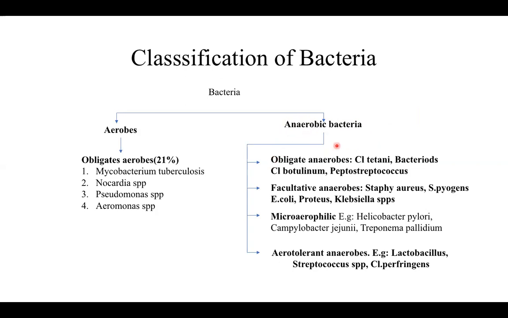The anaerobic bacteria are further classified into obligate anaerobes. These are the anaerobic bacteria which cannot tolerate even a trace amount of oxygen for their growth. If there is even a trace amount of oxygen in a culture medium, they cannot grow. They will die.